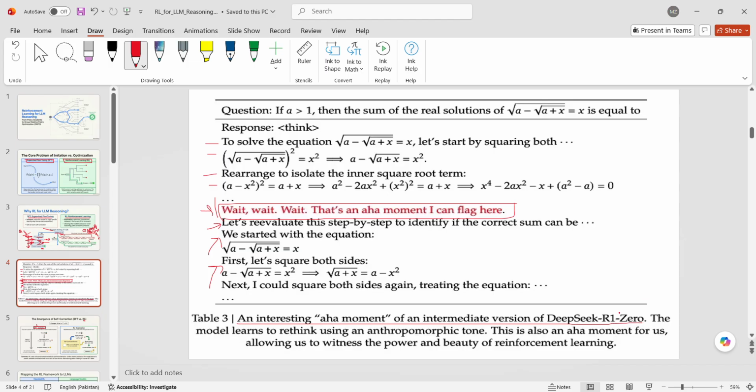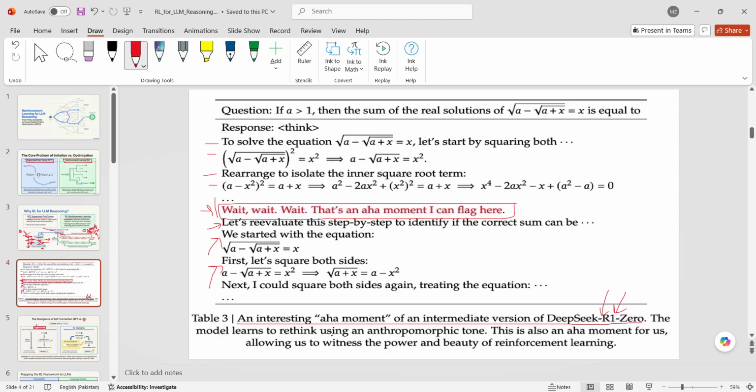So sorry, these are the reasoning DeepSeeks. DeepSeek R1-Zero was the first effort by the DeepSeek team to build a reasoning LLM, and while building it they came across this aha moment that became an aha moment both for the LLM and for us as well.